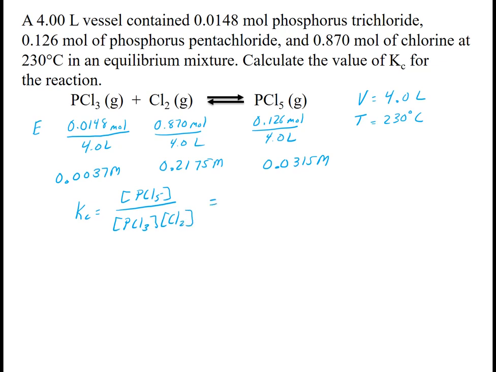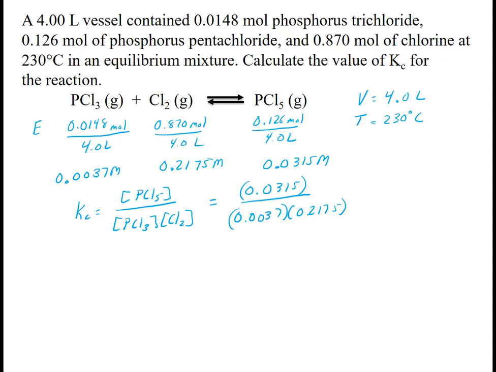Now I'm going to plug in my numbers. So this is 0.0315, this is 0.0037, and 0.2175. So in my calculator, I enter this divided by that and divided by that.